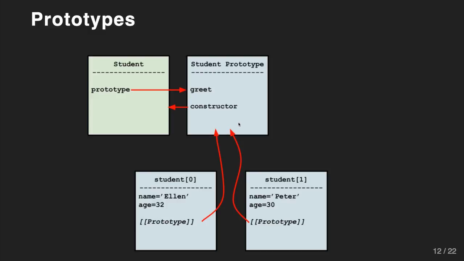But it will run it with this referring to that instance. So if I'm using this inside of greet, it will refer to that object. And for this object it's the same, this will refer to that object. This is kind of similar to how the scope works for variables in a function, that it goes to its outer scope. In this case, it goes to its prototype.